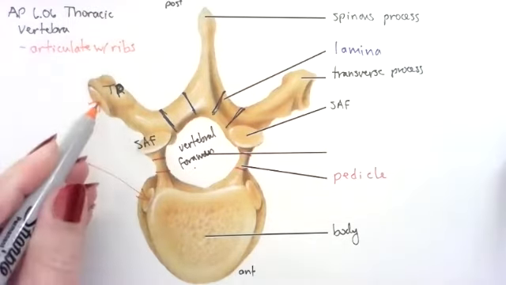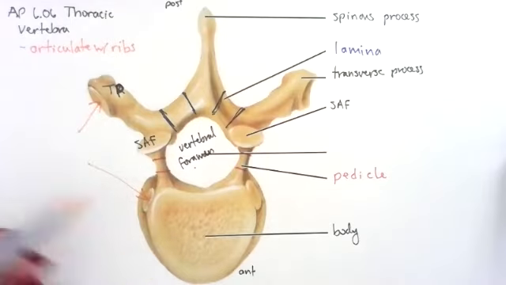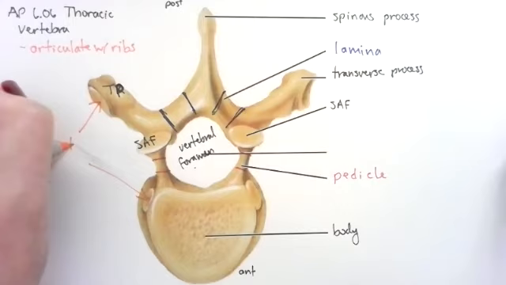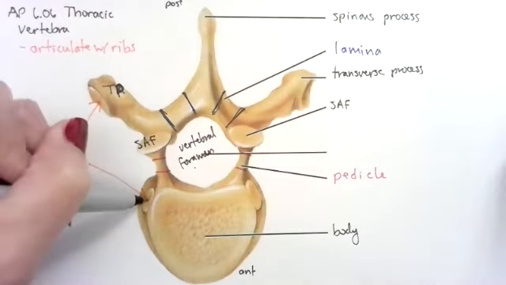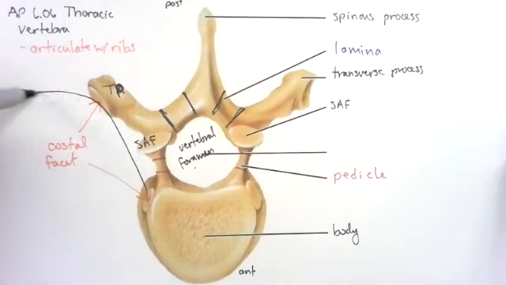So we have one facet on the transverse process, and we have one in the body. These are costal facets. If you remember, ribs are costal. And what happens is the rib comes in, so the back of it is here, it winds up and it comes around and it comes out and it comes back around the front.